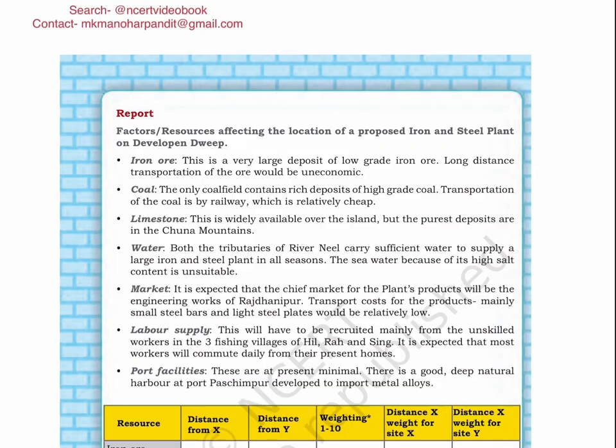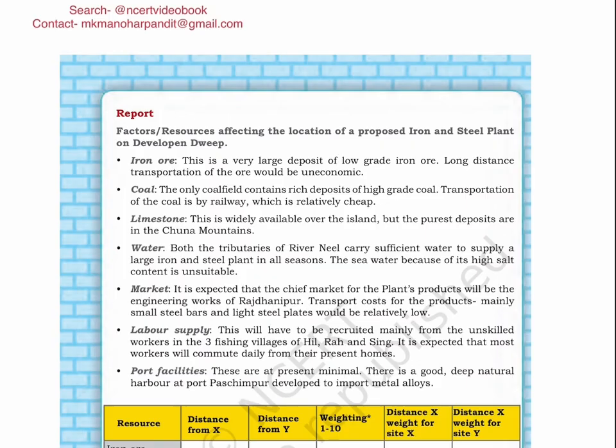The seawater, because of its high salt content, is unsuitable. Market. It is expected that the chief market for the plant's products will be the engineering works in Rajdhanipur. Transport costs for the products, mainly small steel bars and light steel plates, would be relatively low.